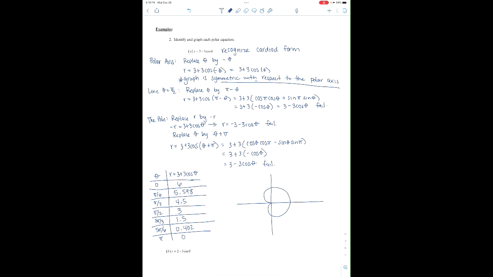Something like that. And it's in between 4 and 6. And then I think our farthest point out might be -1. So it's something like that. That's just my approximate graph.